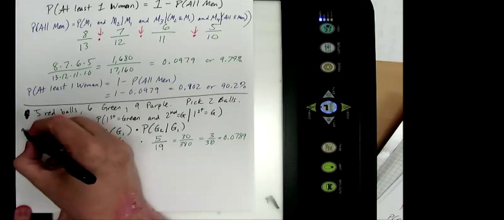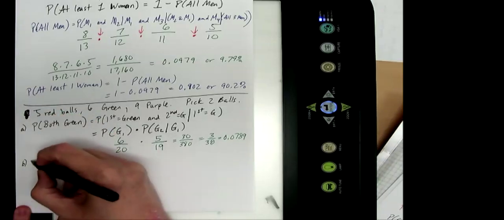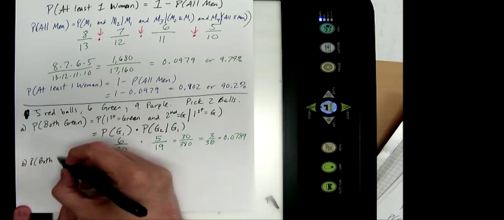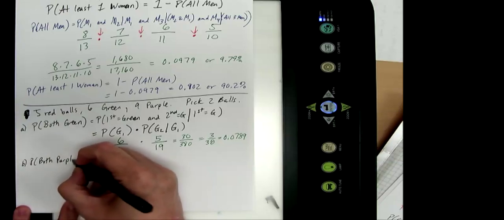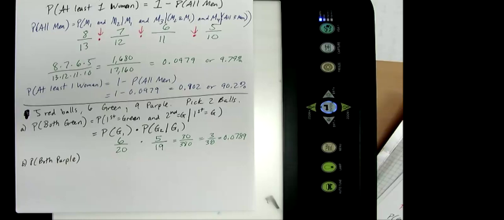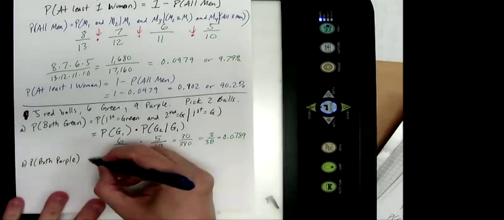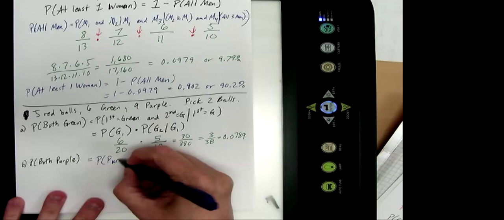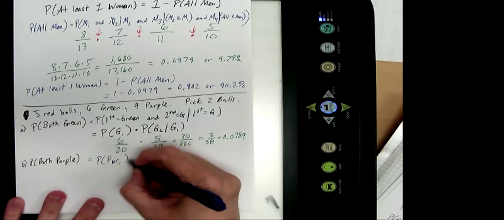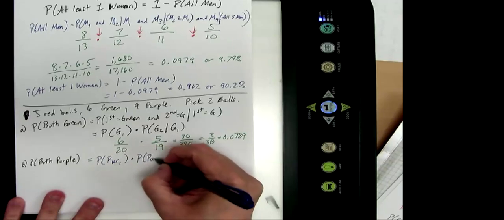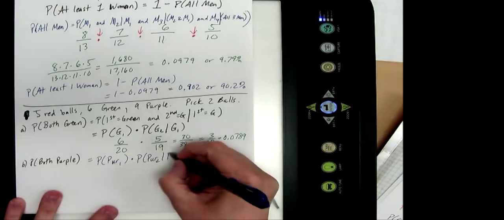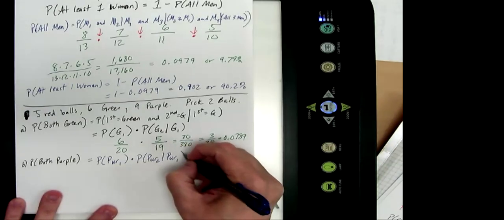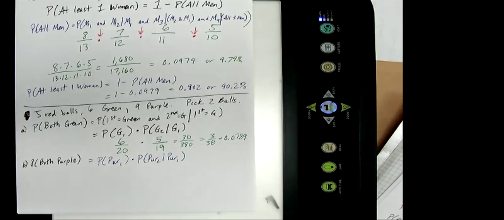That's like part A. Part B is gonna be probability both are purple. And this is gonna have the same setup. Probability that the first is purple, times the probability that the second is purple, given that the first is purple. And I'm writing PUR for purple rather than P because there's already P's there, and I don't wanna make it confusing.